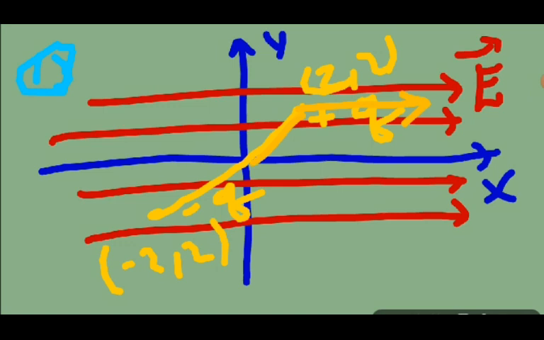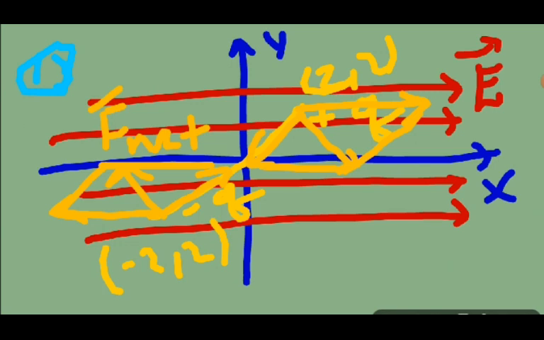And the attraction between the two charges is downward. So the net force is this way. When you look at the second charge, minus Q, it is attracted in the left direction, and by plus Q upward, so we have this net force. This is the net force for minus Q, and this is the net force for plus Q.